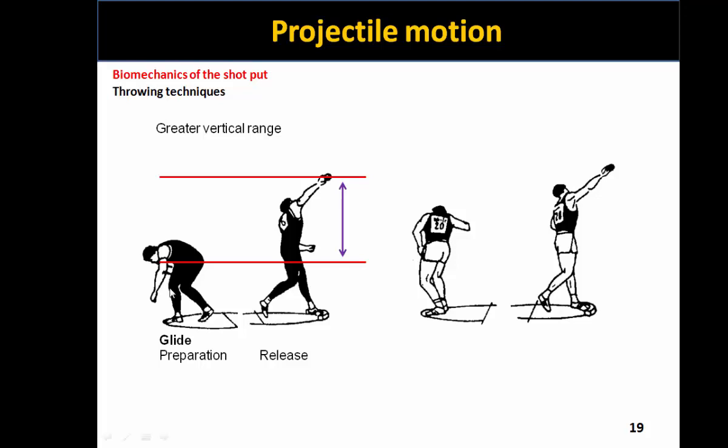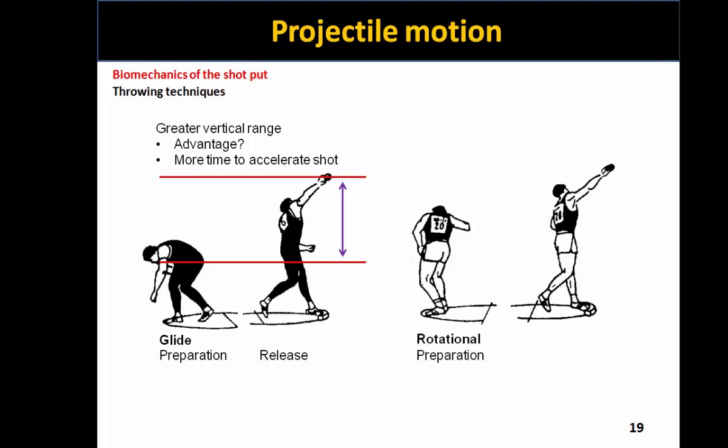And so from the preparation to the release, we have a very large vertical range, which proves to be an advantage because this greater range affords more time and distance to accelerate the shot. And if that shot can be accelerated to a greater degree, it's going to achieve a higher release velocity. And that's important because one of the factors determining the horizontal distance is that release velocity.